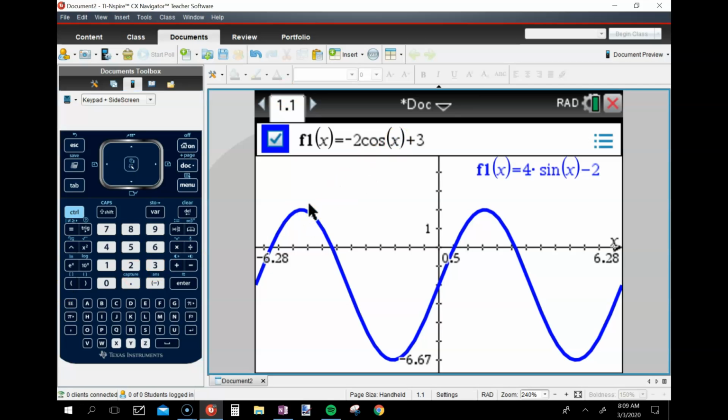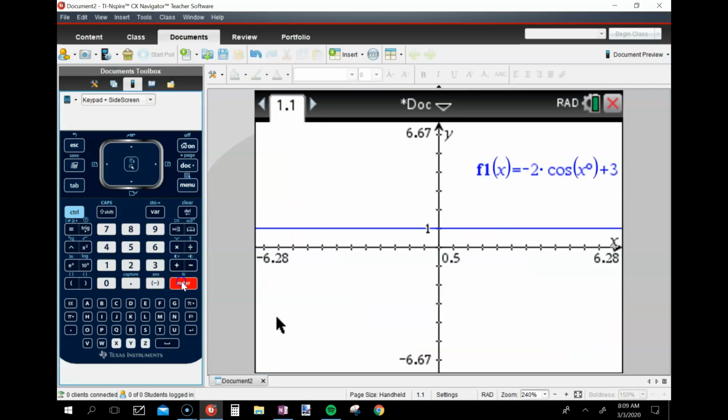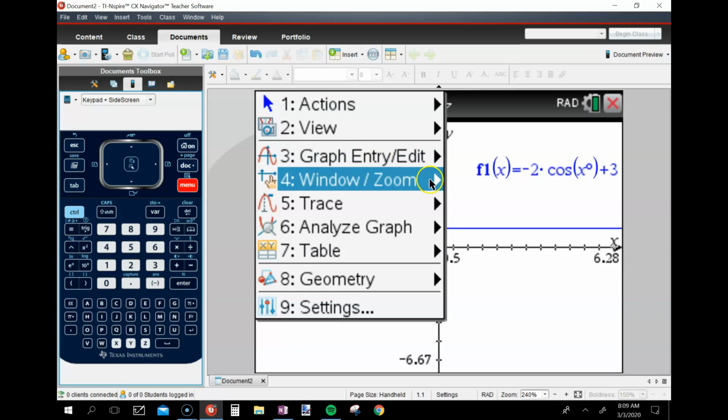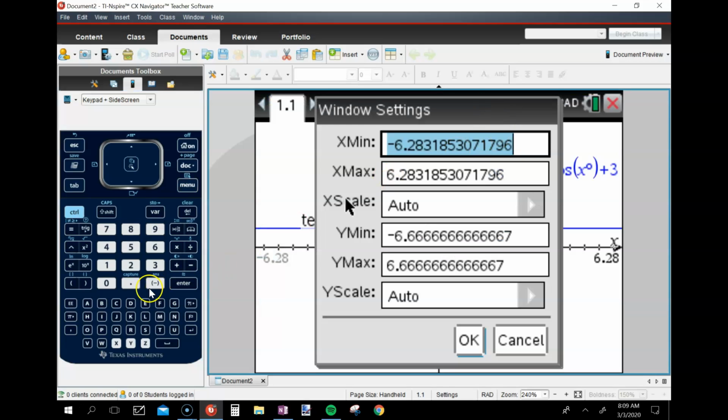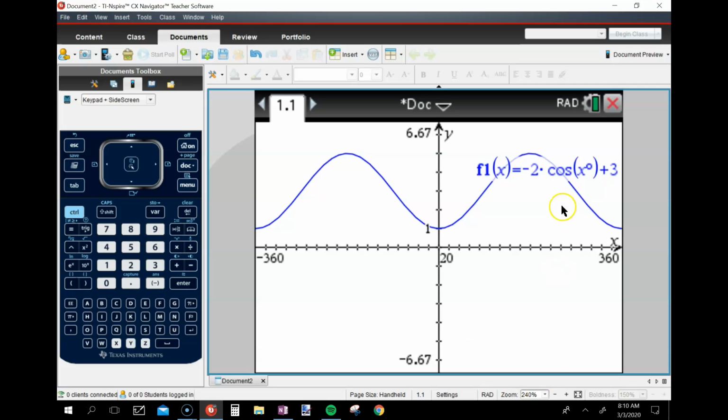I'm going to throw a degree in here because I like working in degrees. But the problem is that I switched everything up a minute ago, so I now need to change this back to -360 and +360. So this is what my curve should look like.